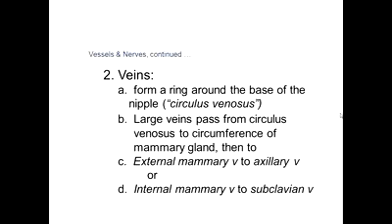Now the veins. Veins form a ring around the base of the nipple, and this is important, called the circulus venosus. A large vein passes from the circulus venosus to the circumference of the mammary gland, and then to the external mammary vein, to the axillary vein, or the internal mammary vein, to the subclavian vein. So, two main drainage sites.